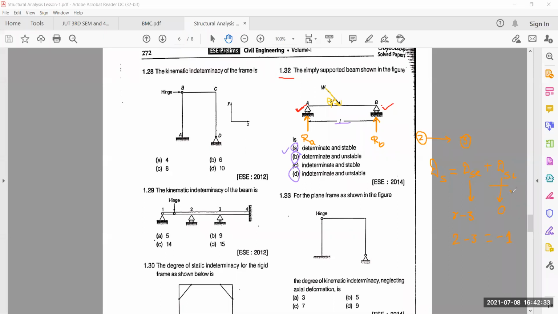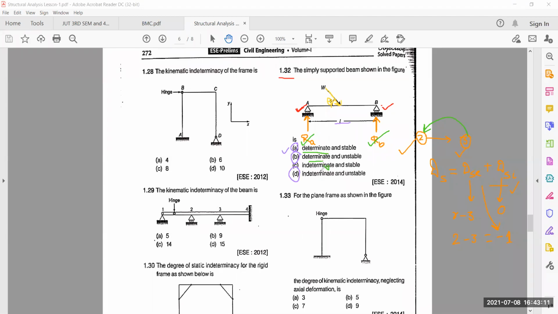So DS is equal to minus 1 for this structure. For solving the two unknowns we have three equilibrium equations, which is enough to solve these two unknown reactions easily. So this structure is determinate, not indeterminate.